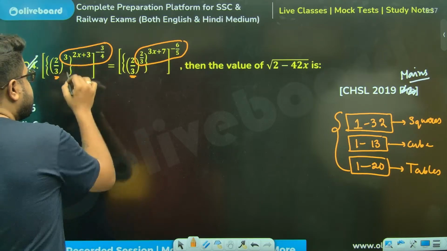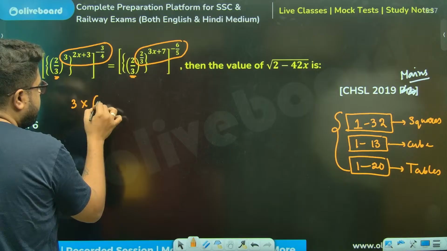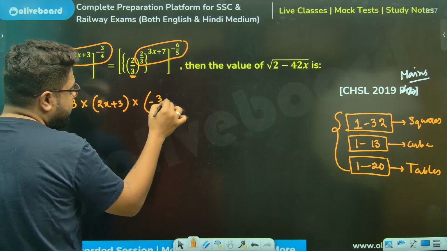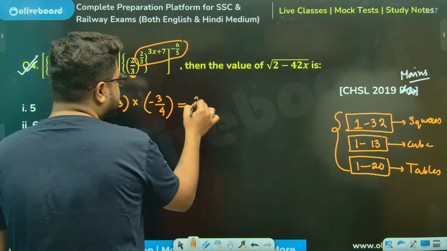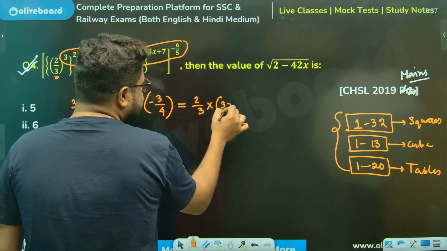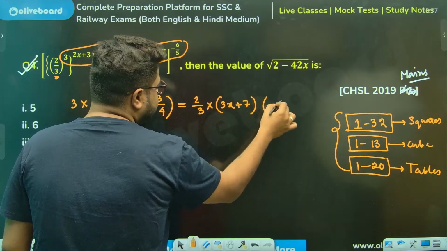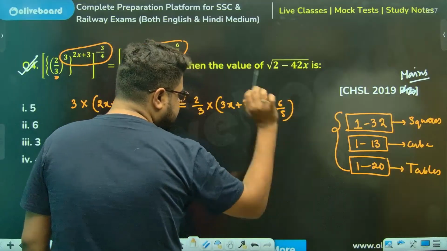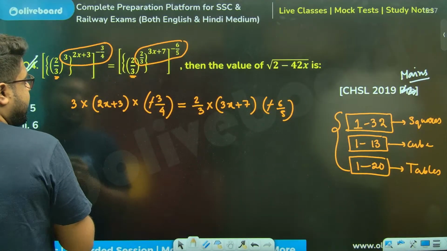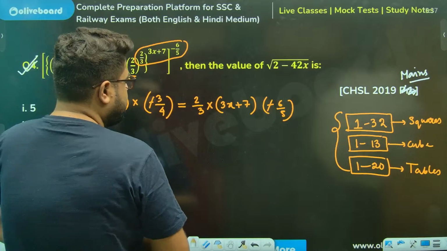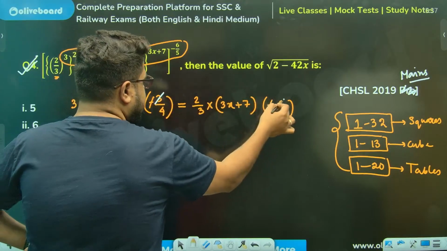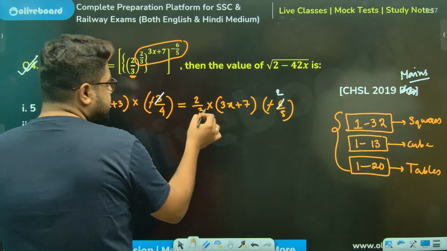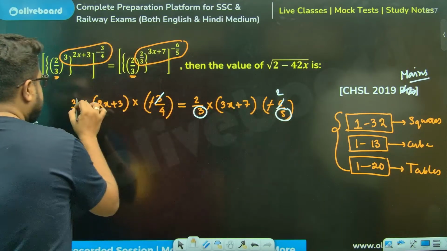So that means this is 3 into 2x plus 3 into minus 3 by 4, and that will be equal to 2 by 3 into 3x plus 7 into minus 6 by 5. Sir, cancel the minus first. Then the actual calculation starts. Can you cancel anything, sir? I don't think we can cancel anything more. So let's do one thing. This 3 and this 5, 15 into 3, sir, 45.